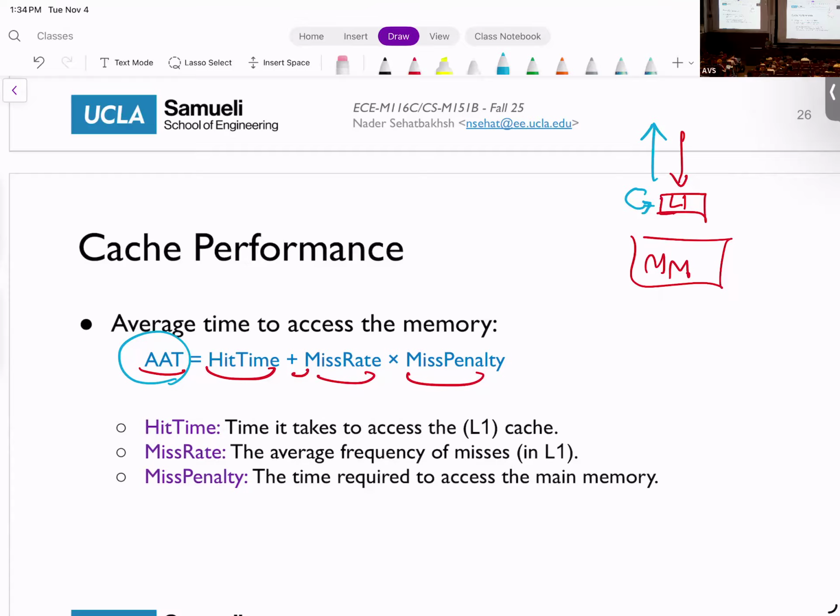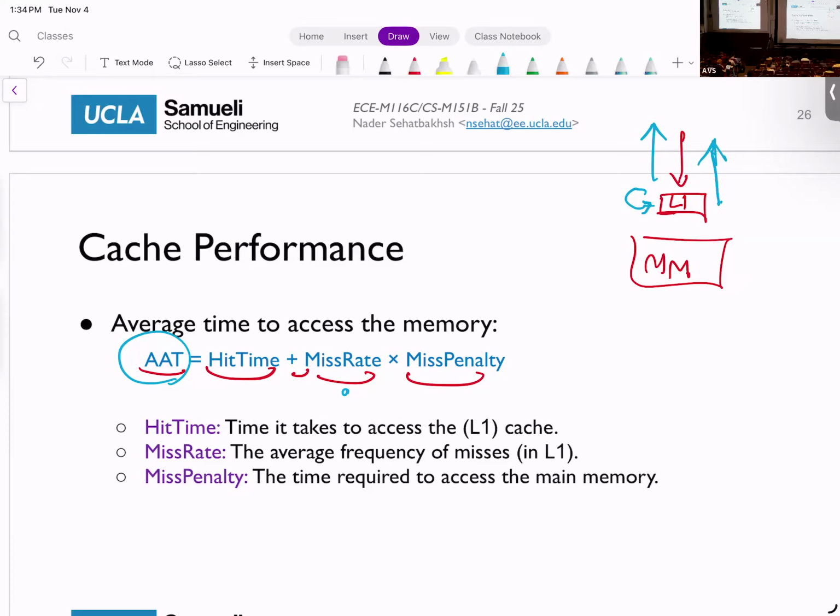Regardless of whether or not the value is in this cache, I need to search the cache. If every time the value is there and I can provide it, my miss rate is 0%, right? If every time I request an access in L1 the data is there, there are no misses, so the miss rate is 0. So the average access time is just the hit time. That's the ideal world, right?